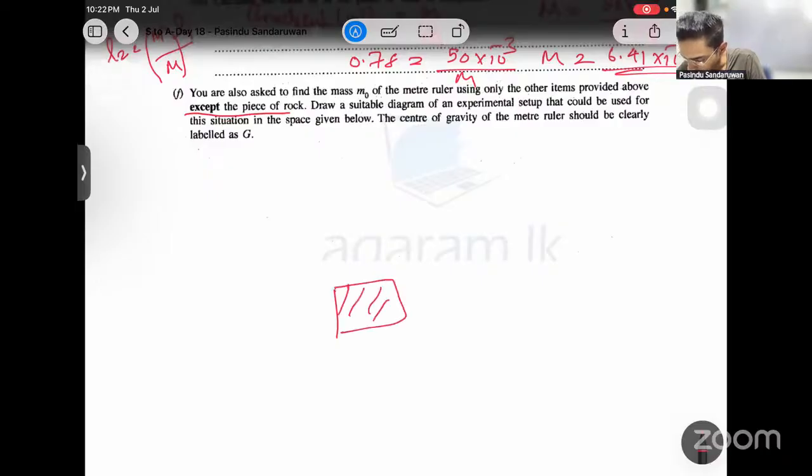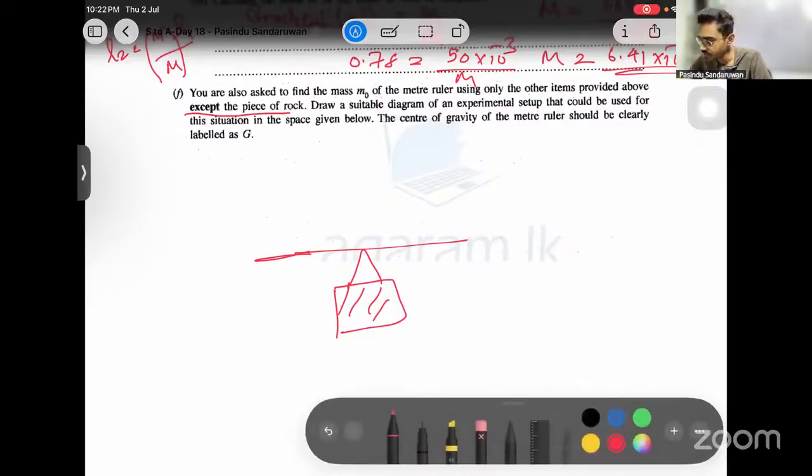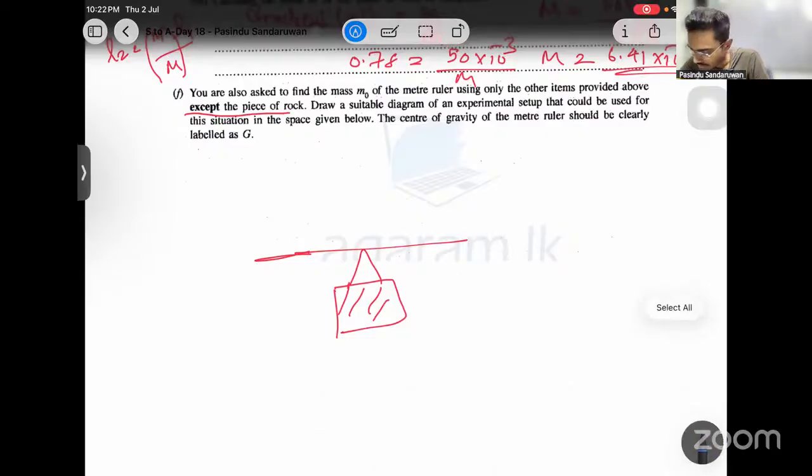The meter ruler can be balanced with its own weight. One side has the standard mass simple m, and the center of gravity of the meter ruler should be on the other side in order to counterbalance this.